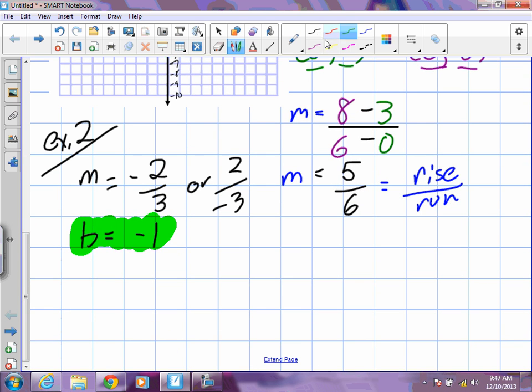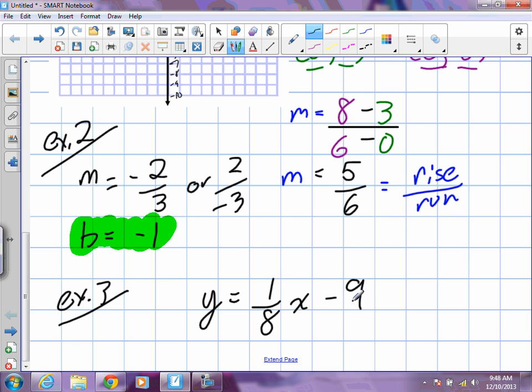And finally, the last thing I want us to do, call this example 3. Let's say we're given y is equal to 1 over 8 x minus 9. Here's our equation. I want to be able to graph that.